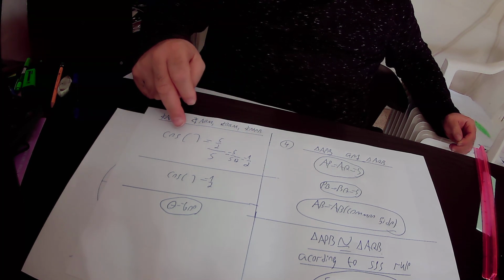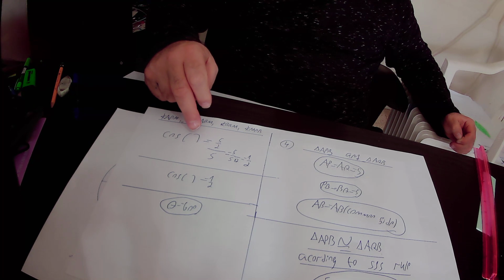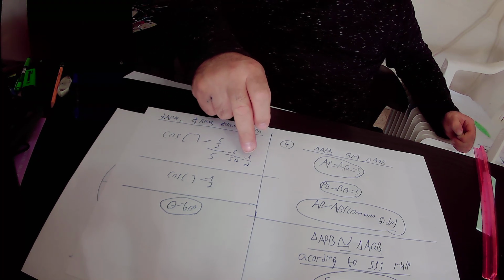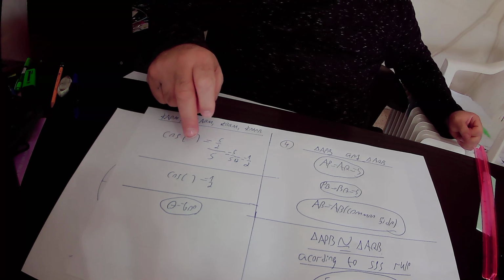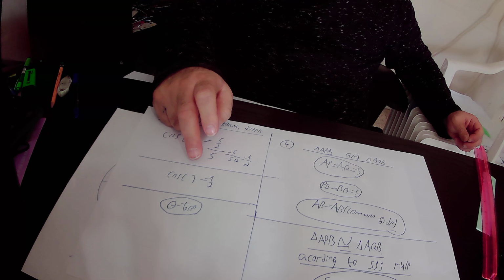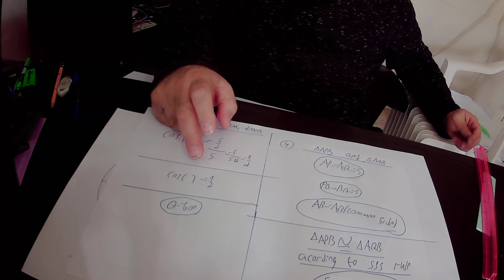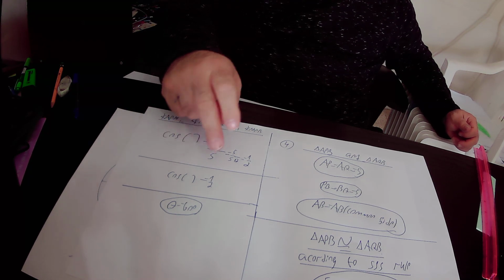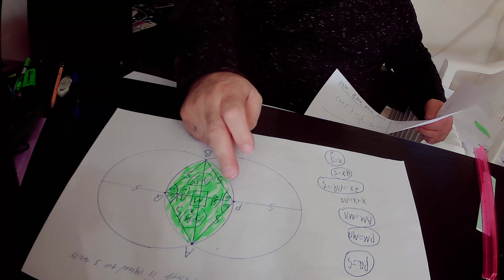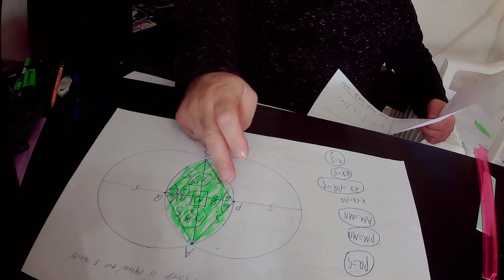So the cosine of each one of the 4 angles is equal to 1 over 2. And if the cosine of an angle is equal to 1 over 2, it means that the angle itself equals 60 degrees. So we found out that all 4 angles are equal to 60 degrees.